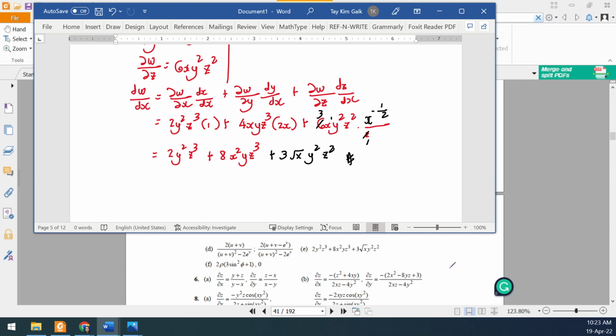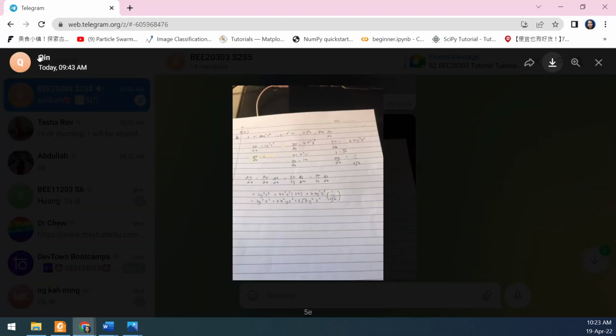Okay, 5F is Soliha, right? So Siti Nor Ashikin. You can do a bit, still lacking a little bit for partial derivative.